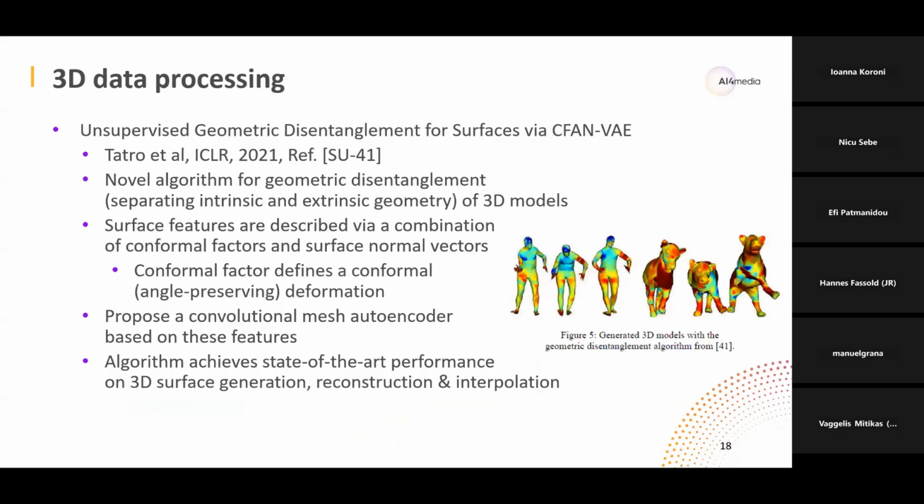Then also, of course, for 3D data processing, there are interesting geometric deep learning based approaches. And I found a nice approach. These authors are doing so-called unsupervised geometric disentanglement for surfaces via a conformal factor variational autoencoder.